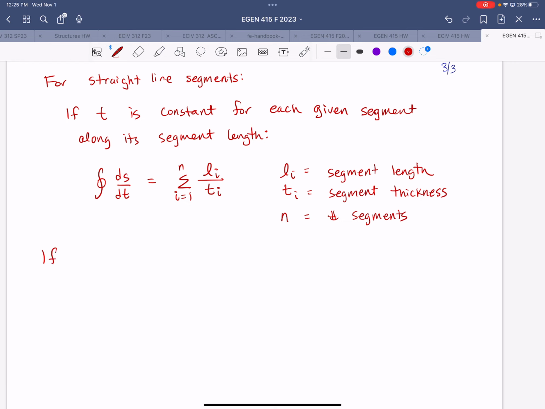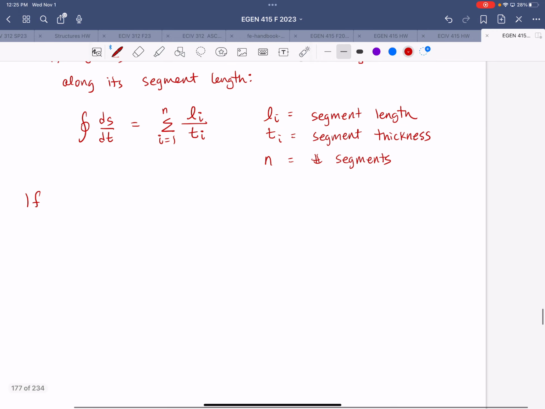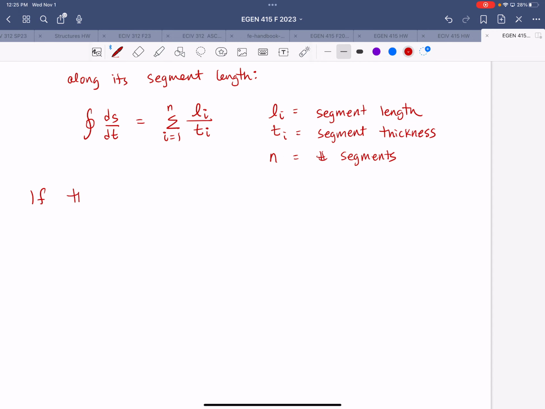Now, if the cross-section is a closed tube with some open-ended fins, and we'll look at an example with one of those, then you basically have a combination of thin closed tube and open thin-walled sections to think about. I'll show you what that means in a second.